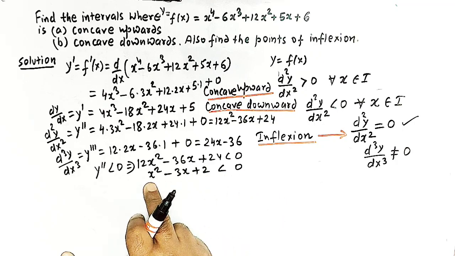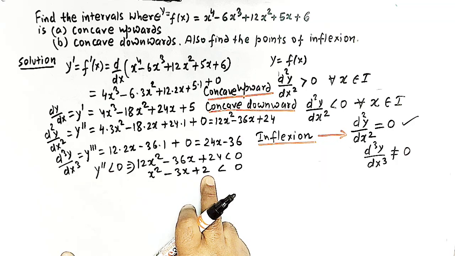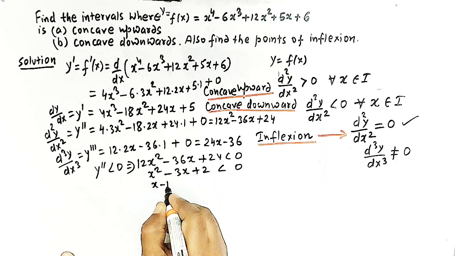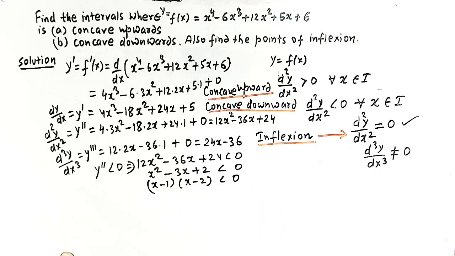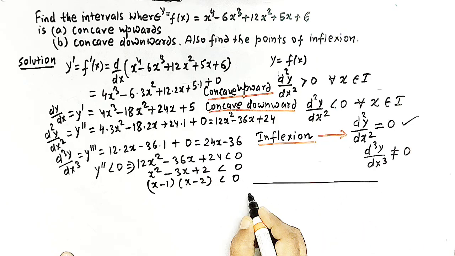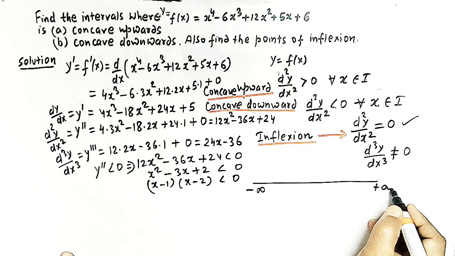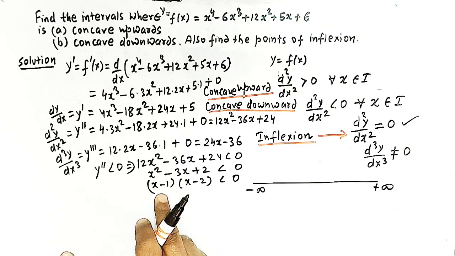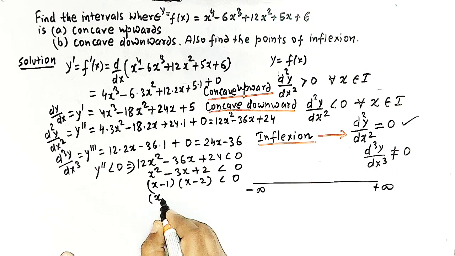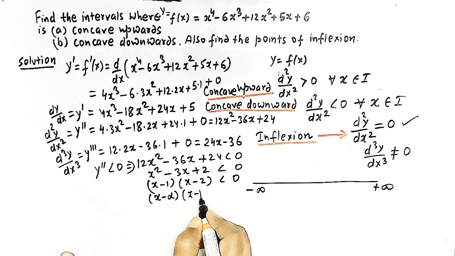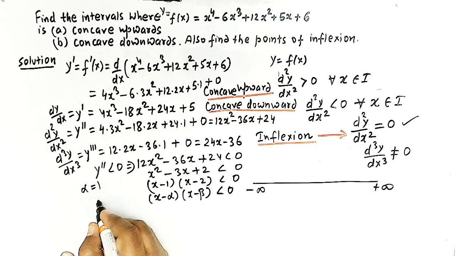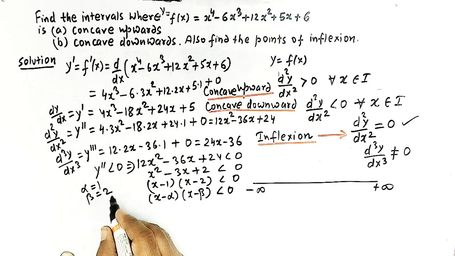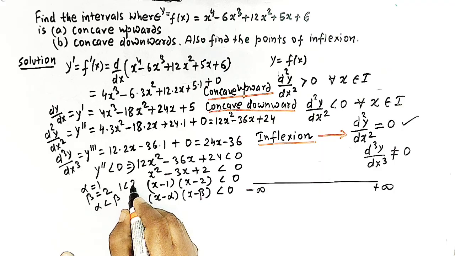So here we have factorized this quadratic function as x minus 1 and x minus 2, and here we have less than 0. So now here we have the real number line, and here we have the inequality of this form: x minus alpha, x minus beta is less than 0. So now in this case alpha is 1, beta is 2, and alpha is less than beta, that is 1 is less than 2, right?